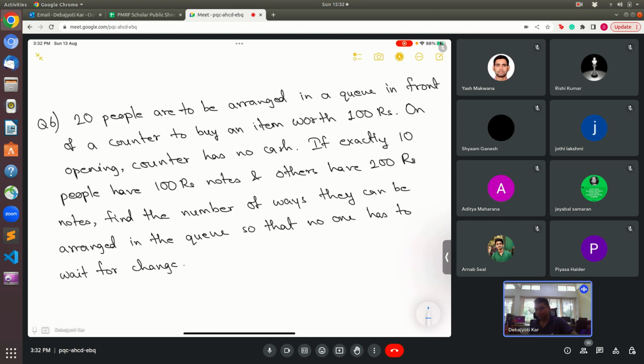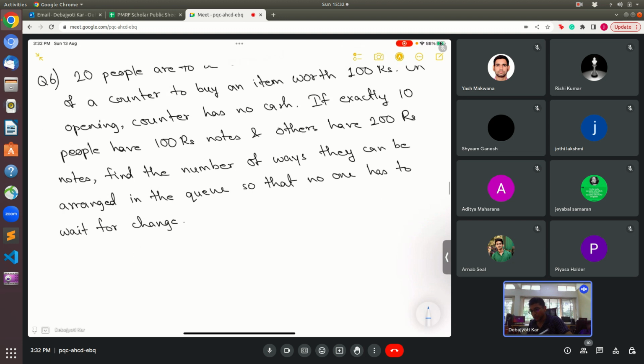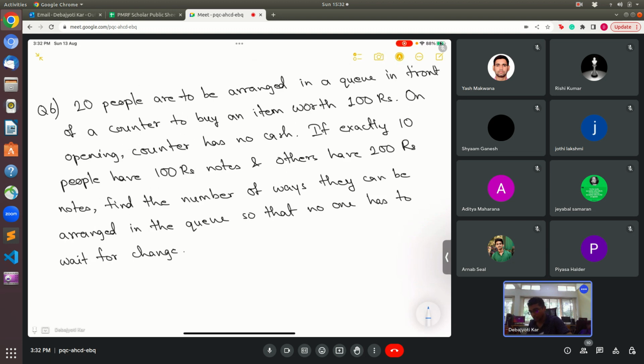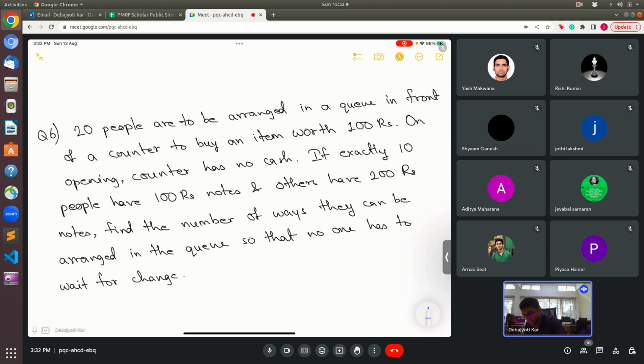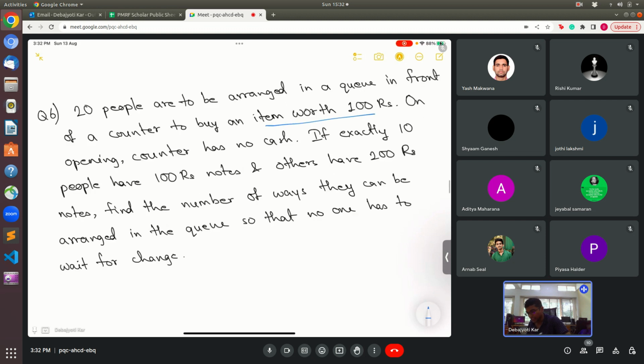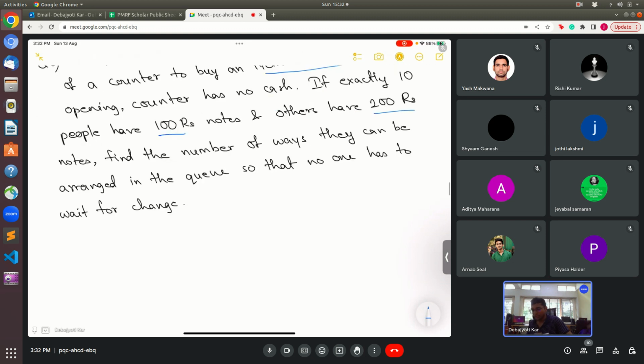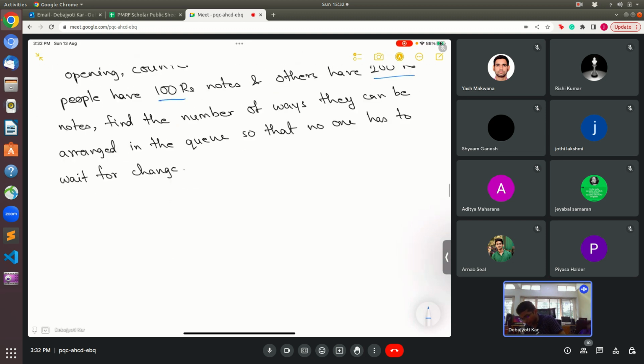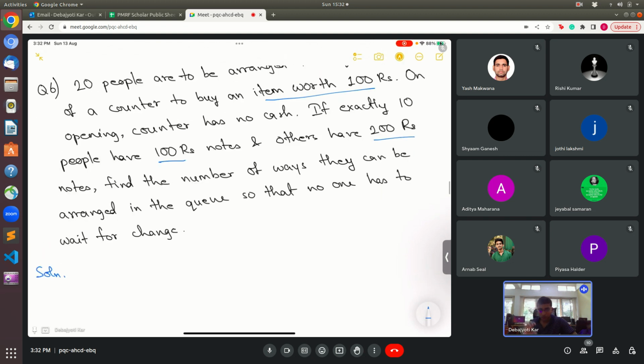So what does this mean? Initially the counter has no cash. The price of the item is 100 rupees and exactly 10 of them have 100 rupee notes and exactly 10 have 200 rupee notes. Since the counter initially does not have any cash, if the first person in the queue has a 200 rupee note, then he has to wait for change, right?